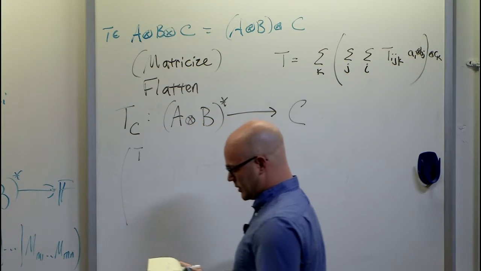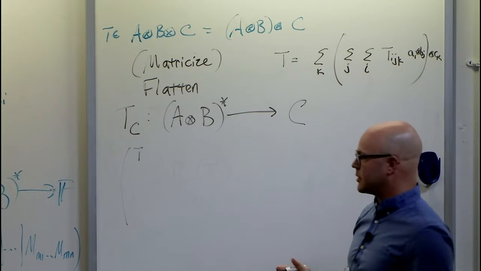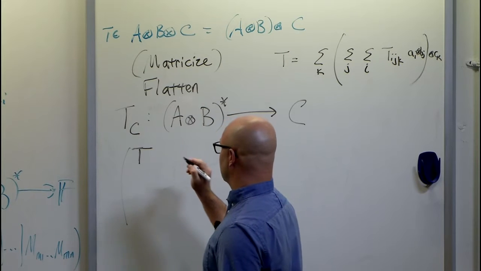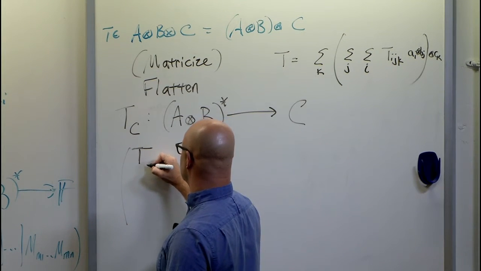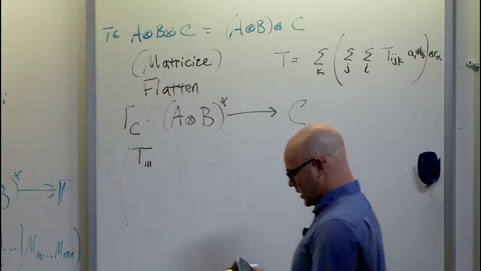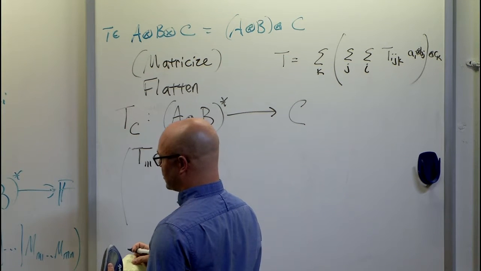Remember, all of the properties we want to study are captured by a triple tensor product, so I'm still going to focus on three factors, three indices. The first entry in my matrix is T111, and then I'm flattening every matrix that I see.